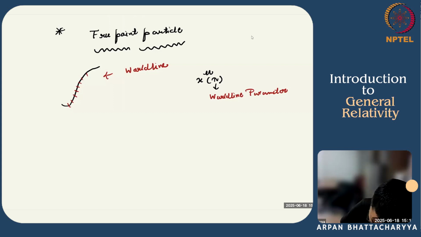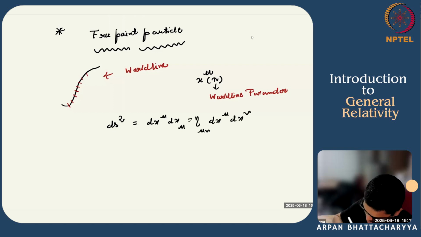So again, remember that the infinitesimal square line element for Minkowski space-time is given by this, which is nothing but eta_mu_nu dx^mu dx^nu, and if we break it into the time and the spatial part, we have this.